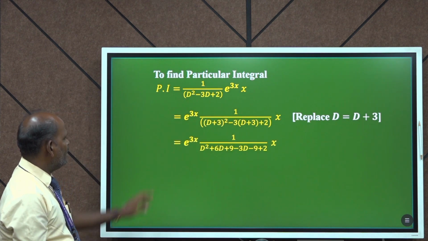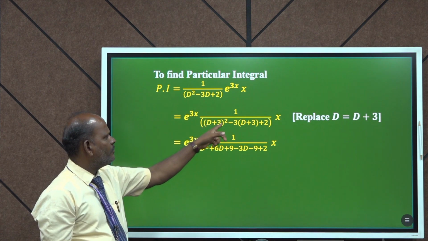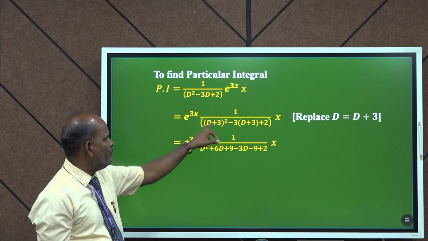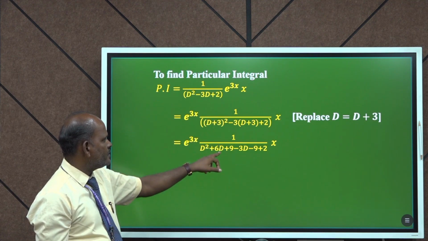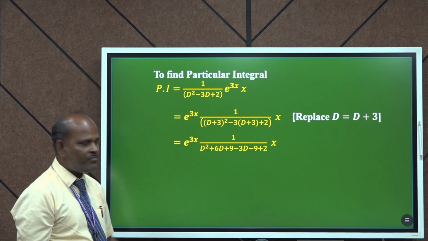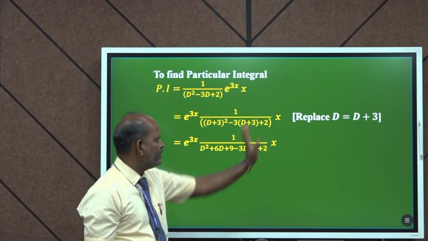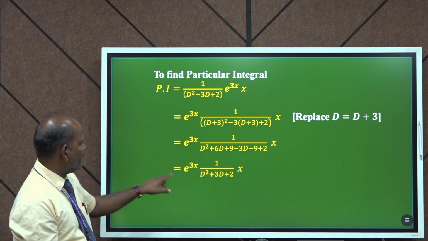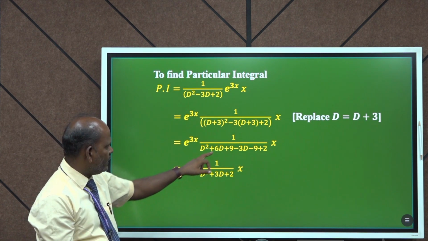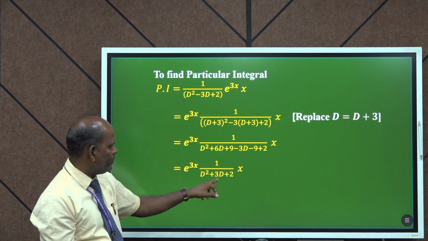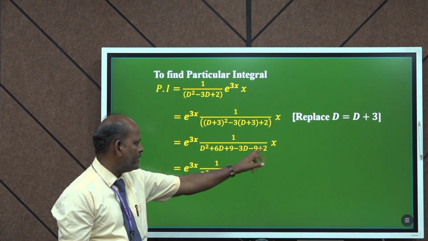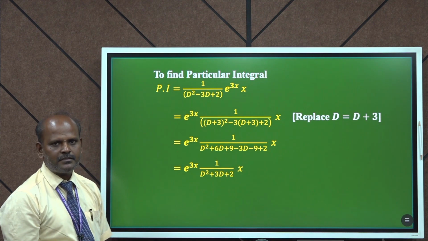That is e power 3x into, it is of the form a plus b the whole square, a square plus 2ab plus b square: D square plus 2 into D into 3, 6D, plus 9, minus 3D minus 9 plus 2 of x. And this becomes e power 3x, D square plus 6D minus 3D, that is 3D, plus 9 minus 9 cancel, plus 2 of x.